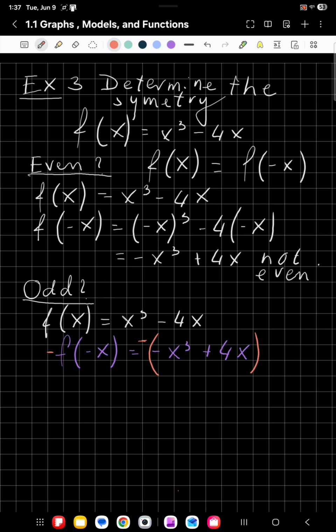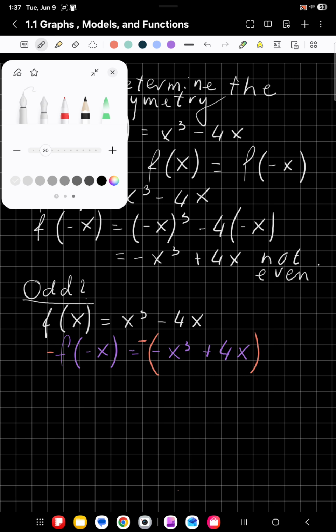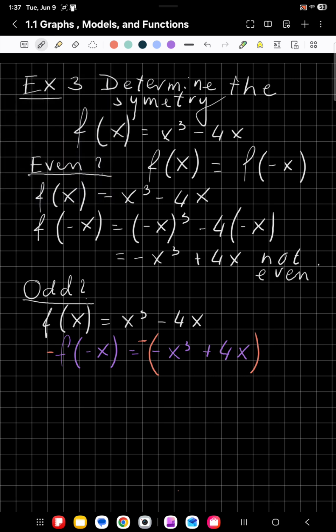Right, so let's try it. Okay, so I get negative f of negative x. Okay, so I'm distributing this negative. I can draw the arrows. Okay, so the first term will be x cubed, right? After I distribute the negative or multiply by negative 1, same thing, minus 4x.